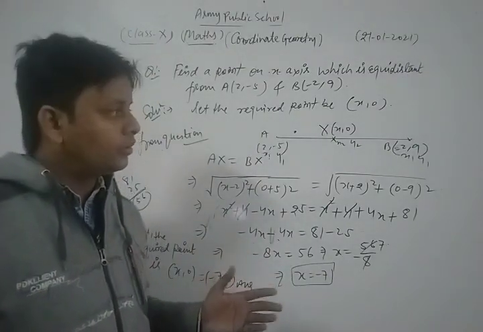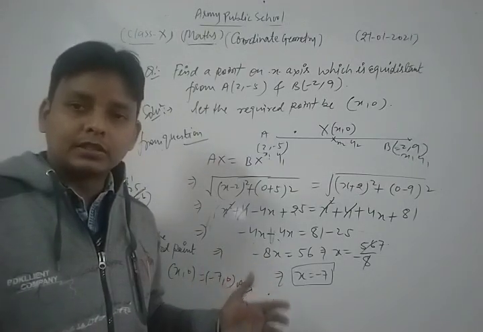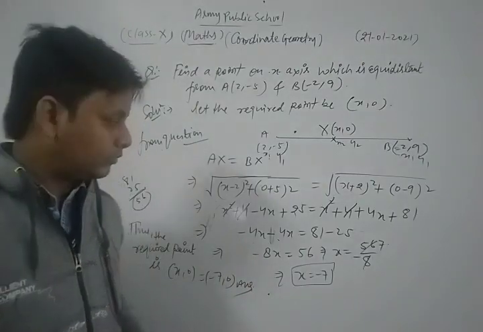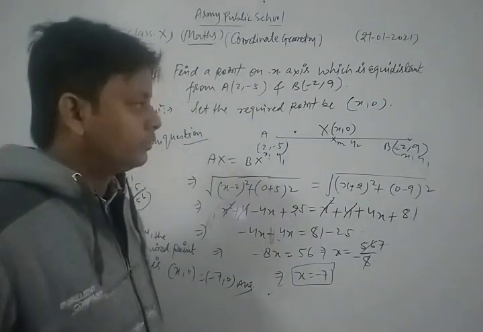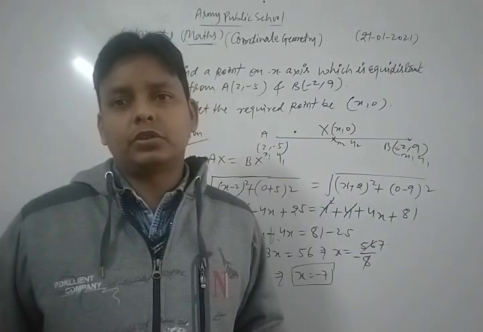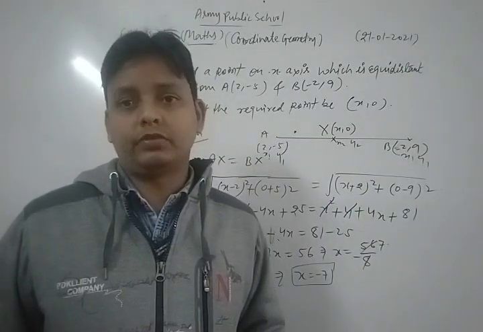First of all, you revise all the important topics and derivations we discussed in this class. After that you solve your NCERT exercise. You can solve each and every question of your NCERT exercise based on the distance formula.